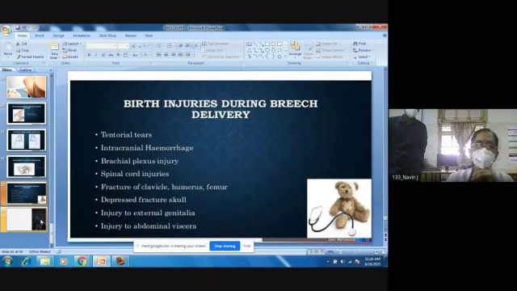So the various birth injuries which can occur in a breech are tentorial tears. I already told you, because you're pulling on the baby's head, you can have tentorial tears and intracranial bleeds, because you're pulling on the neck. You can also have brachial plexus injuries, spinal cord injuries, long bone fractures like the humerus and femur, depressed fractures of the skull, and injuries to the baby's soft parts like the external genitalia and abdominal viscera.